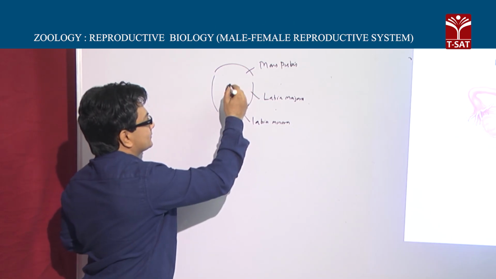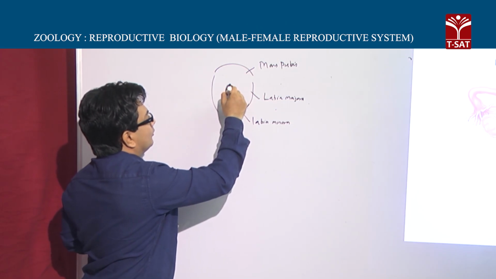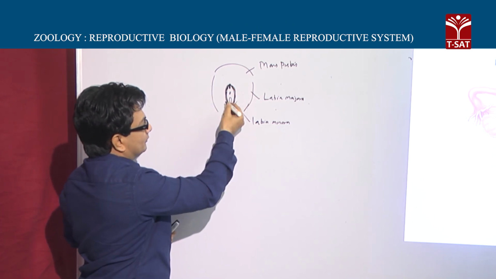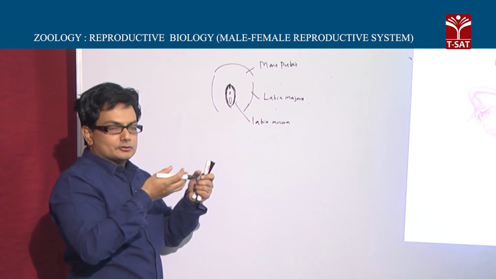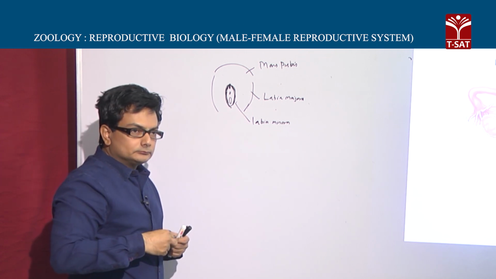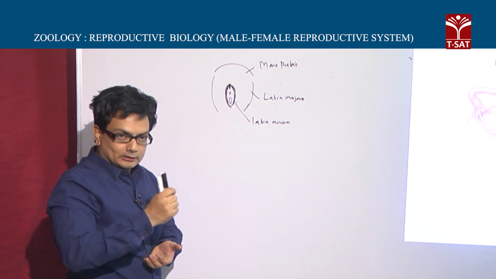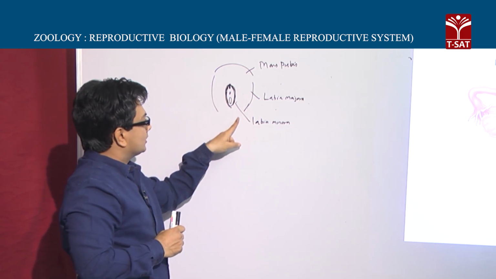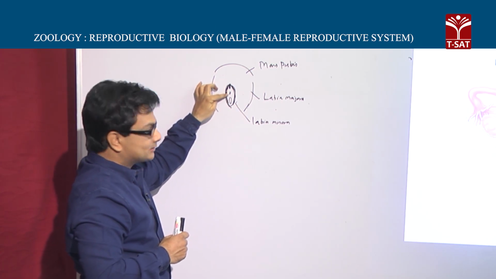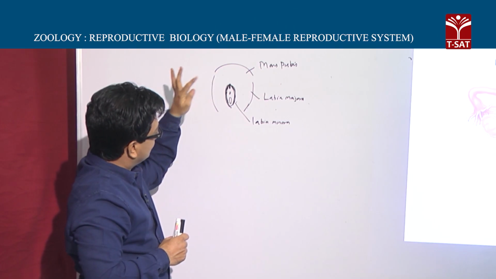Then this is the clitoris, and within this there is the urethra opening and also the vaginal opening, through which the young one, the head is the first structure to come out during the parturition, and that is this opening. These are all the external genitalia of a female. The words mons pubis, labia majora, labia minora, and the region inside is the vestibule, and this is the clitoris at the margins of the labia minora.